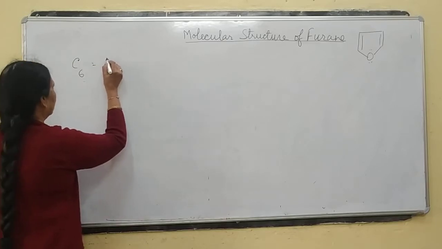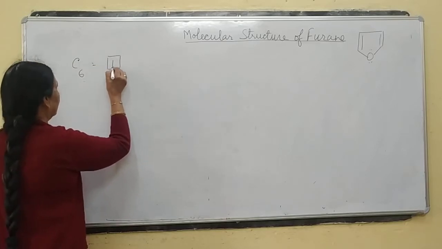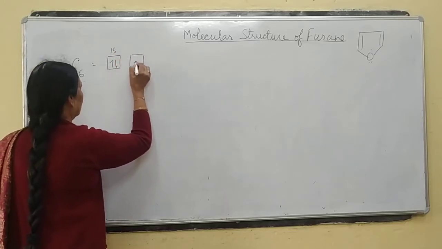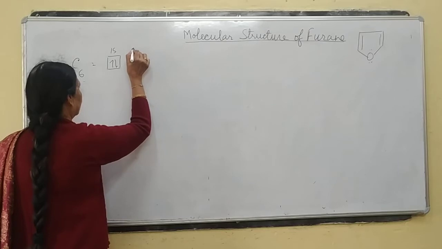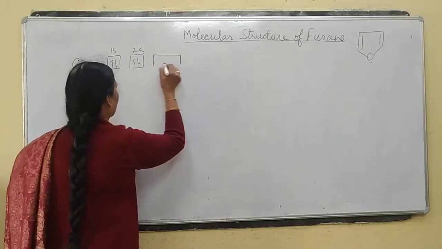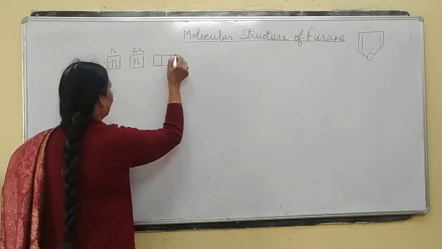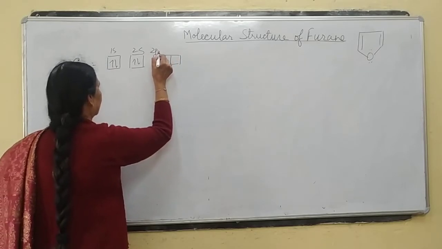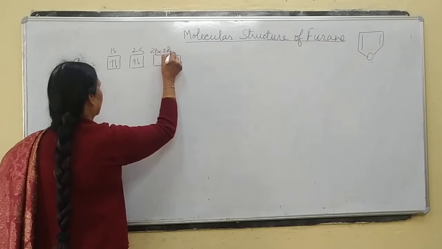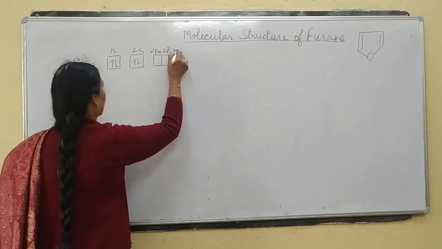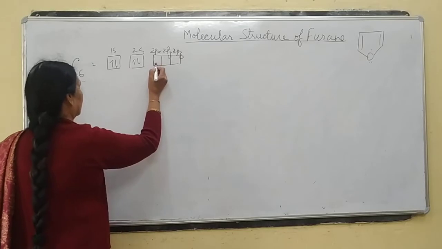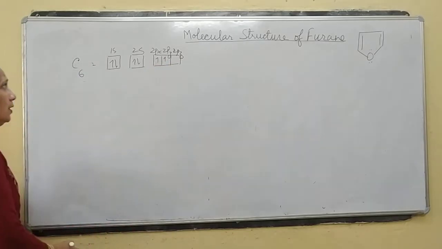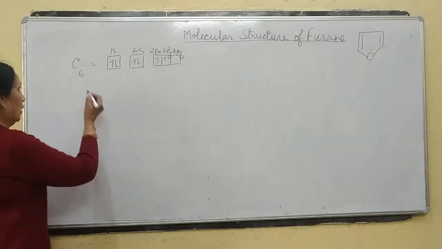The configuration of carbon is like this: 1s2, 2s2, and in 2px, 2py and 2pz, 2px has 1 electron and 2py has 1 electron.